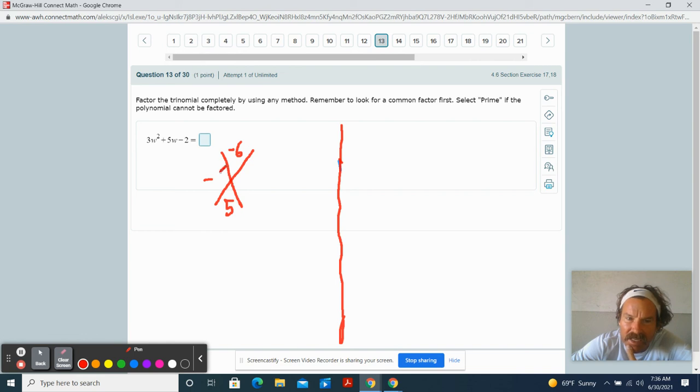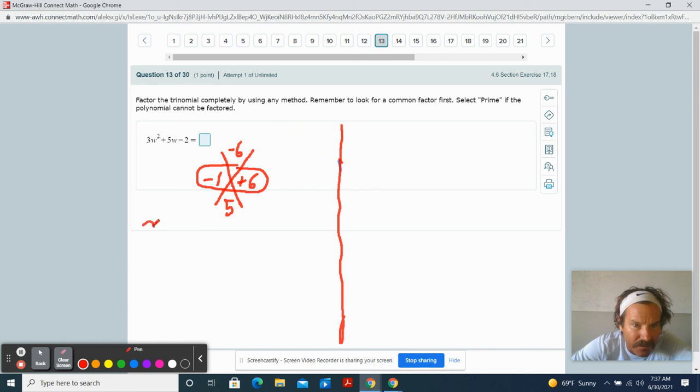It's got to be -1 and +6. They multiply to get -6 because one of them is negative and one is positive, and then they add to get +5. We have to find these numbers here. Otherwise, we can't use this method. We can't do the diamond method because we can't fill out the diamond.